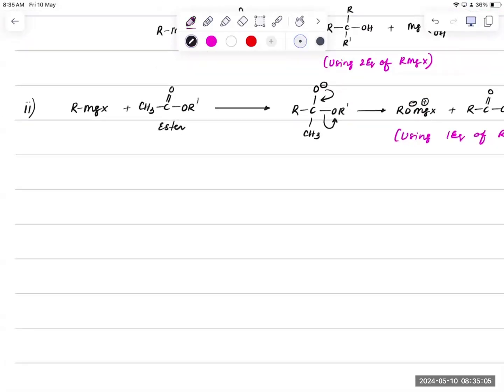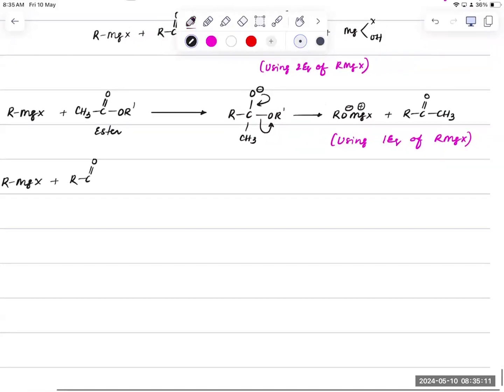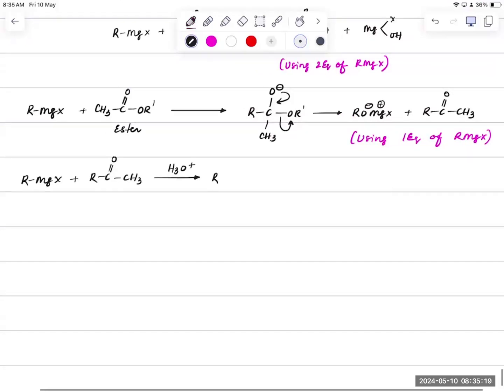If I use the second equivalent also, RMgX plus R C double bond O CH3 we have. If we use one more equivalent and then do hydrolysis, we'll get R C, R here with CH3 and then OH.